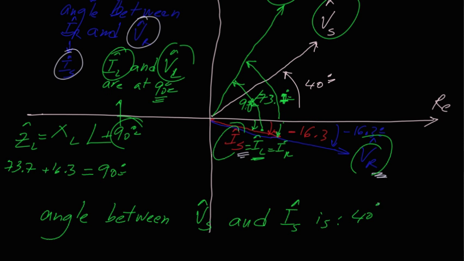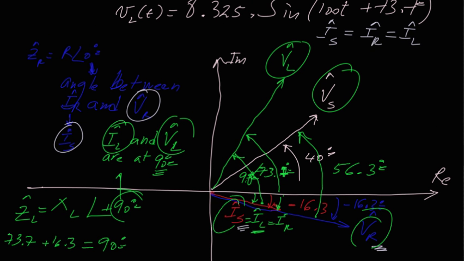So it's 40 degrees plus 16.3, so it's 56.3. So in this particular case, there's a 56.3 angle between these two guys. All right. If I go from here to here, this is 56.3 degrees. And this is what we call a Phasor diagram.